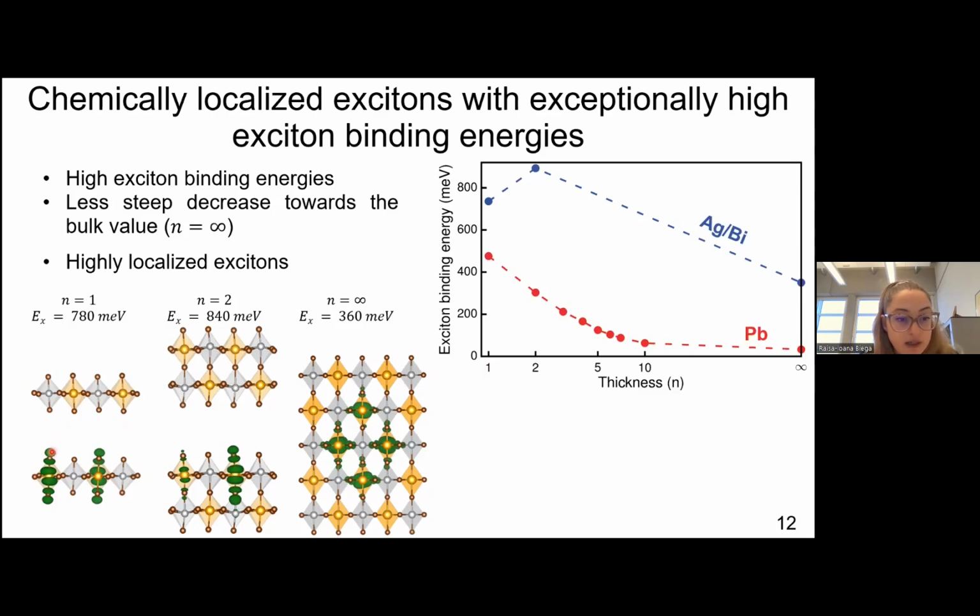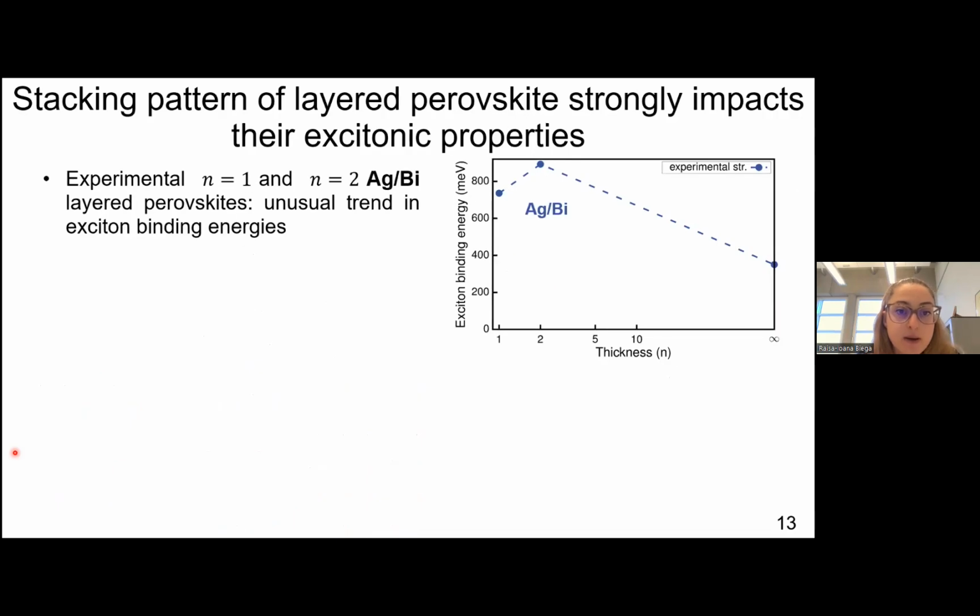And in green here is the excitonic wave function. So what we see is that the exciton is localized within 1 or 2 octahedra maximum. And this is actually the reason why the exciton binding energy is so high in those materials.